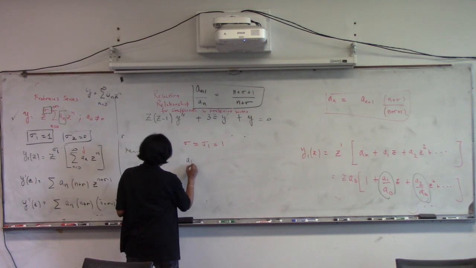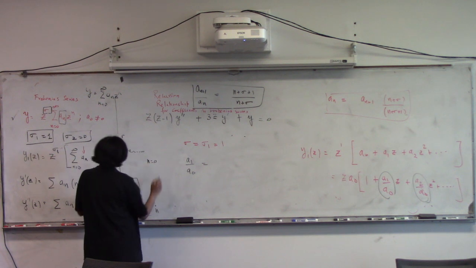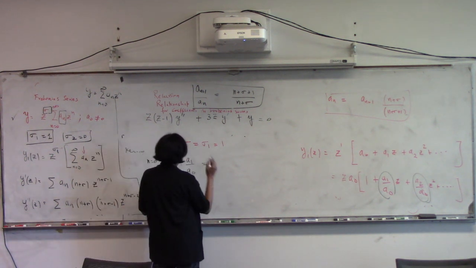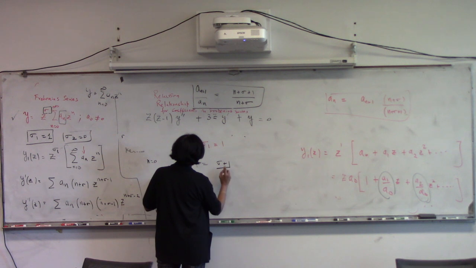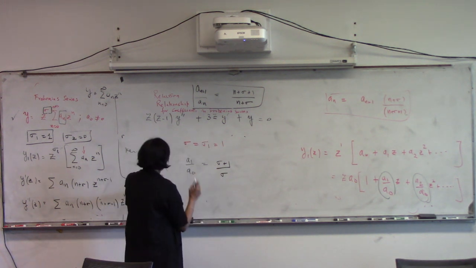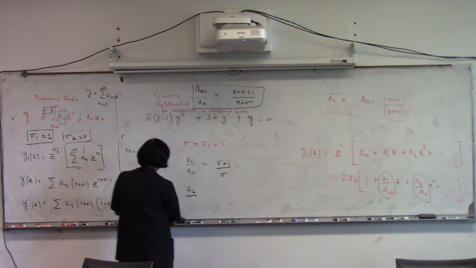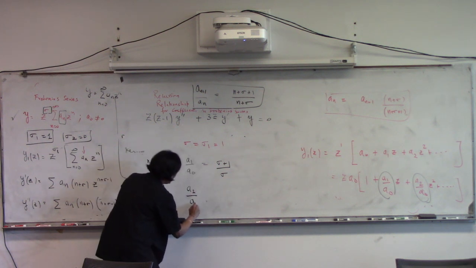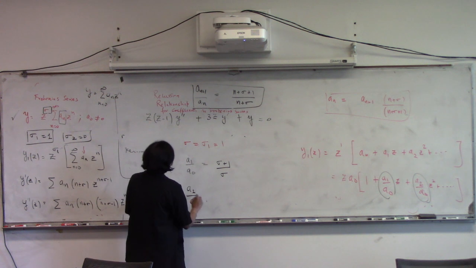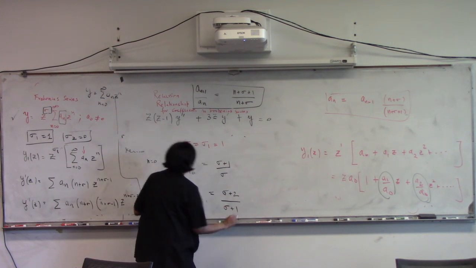So what do I have? A1 over A0, I need to put n equal to 0. Let me first write it as sigma plus 1 over sigma, and I'll substitute in a minute. The next coefficient I need is A2 over A0, but what I can get from the recursion relationship is A2 over A1. So n equal to 1, I have sigma plus 2 over sigma plus 1.